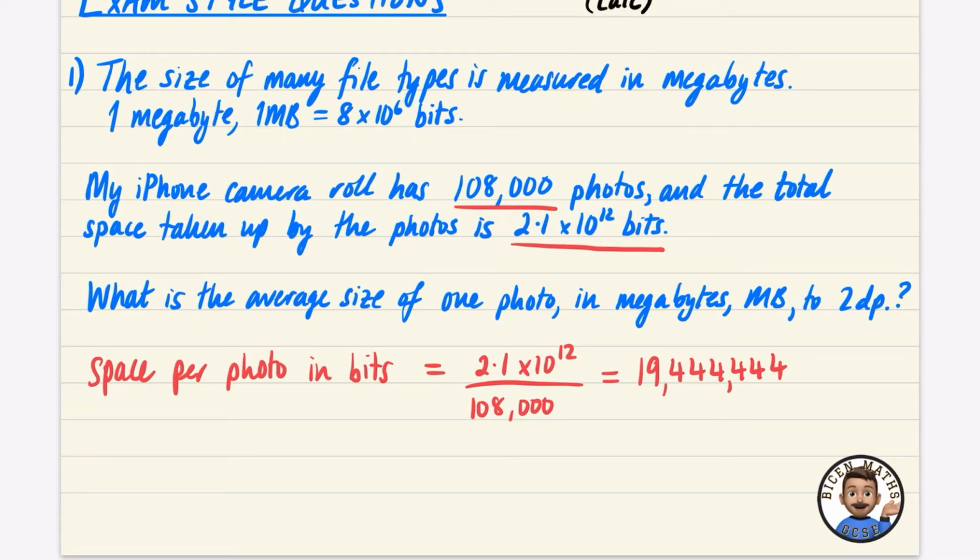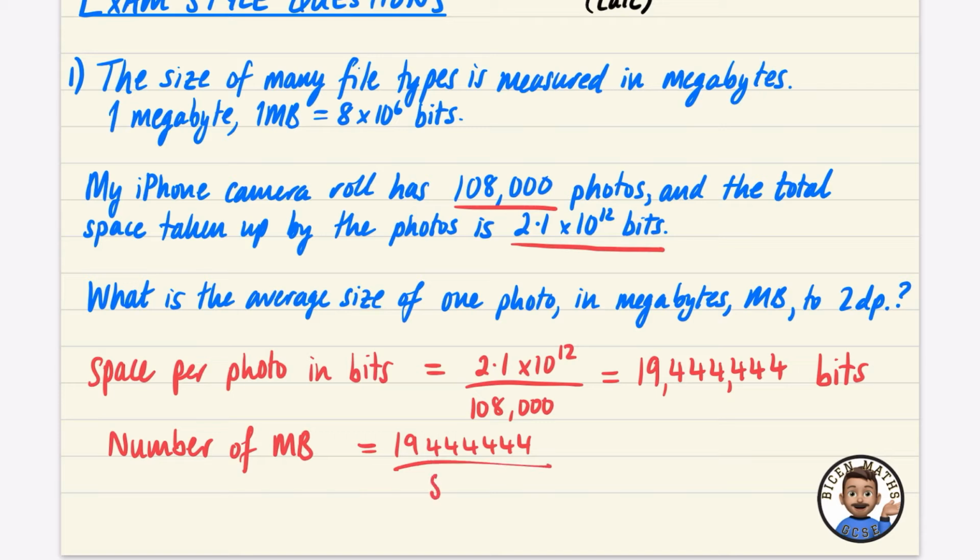Now we need to find out how many megabytes this is. So to go from the number of bits to the number of megabytes, we need to divide by how many bits there are per megabyte. So that's going to be 19444444 divided by 8 times 10 to the 6.